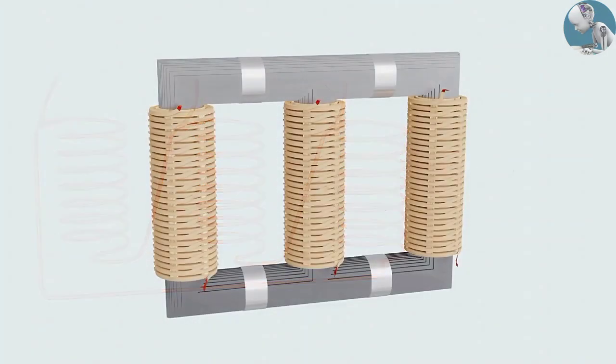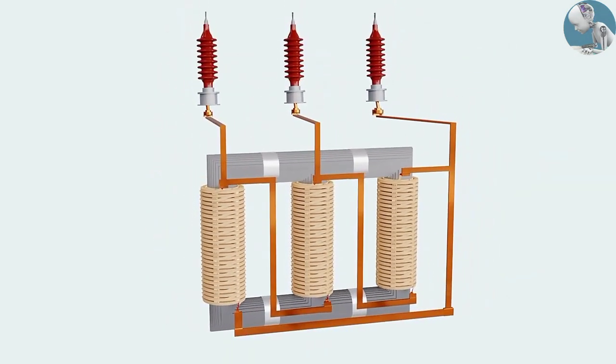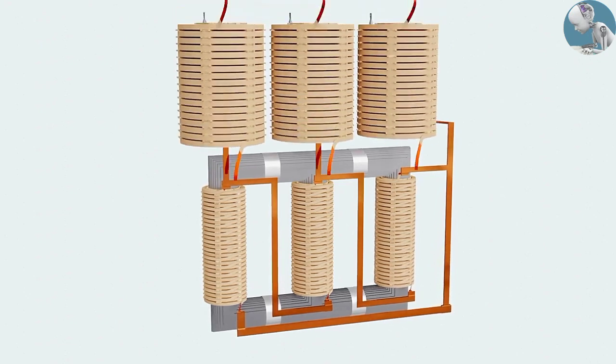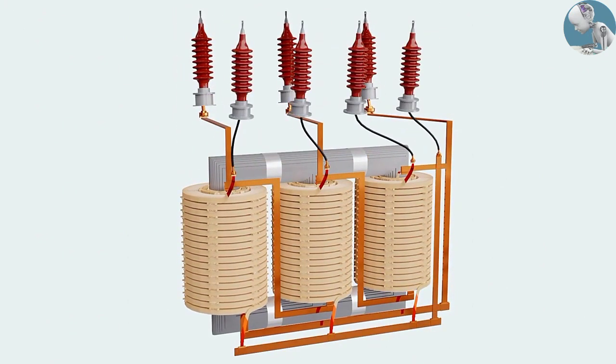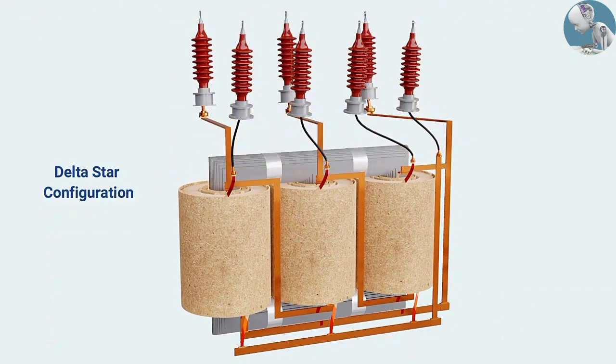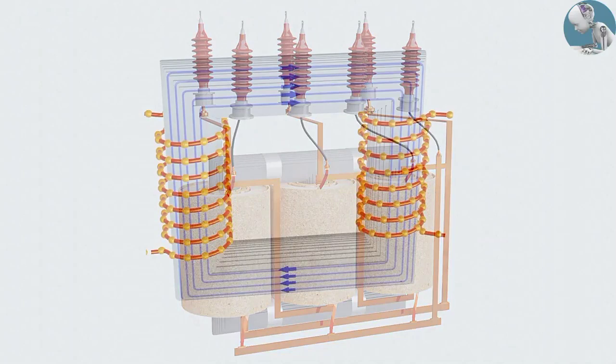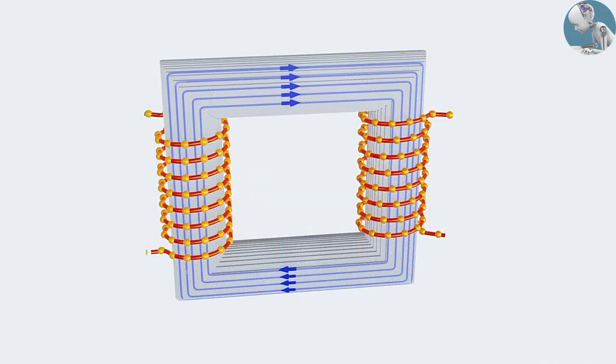In the model shown here, the primary winding is connected in delta configuration, and the secondary winding is connected in a star configuration. This type of connection is known as delta star configuration. We learnt that a metallic core is crucial in a transformer, but it also comes with some drawbacks.